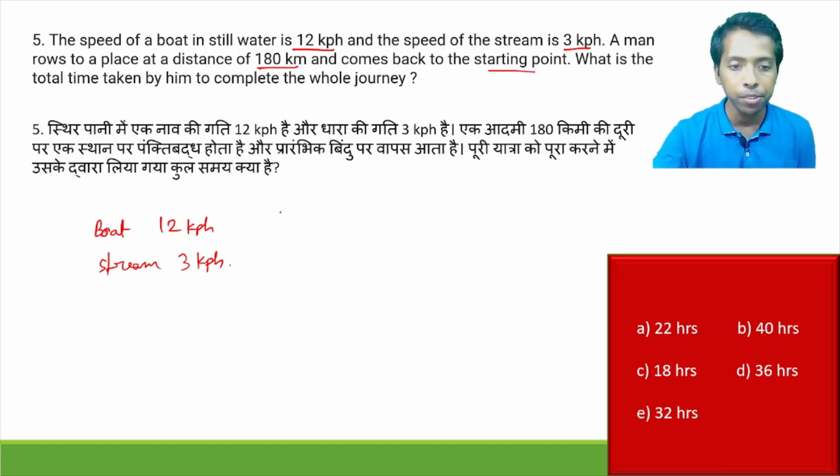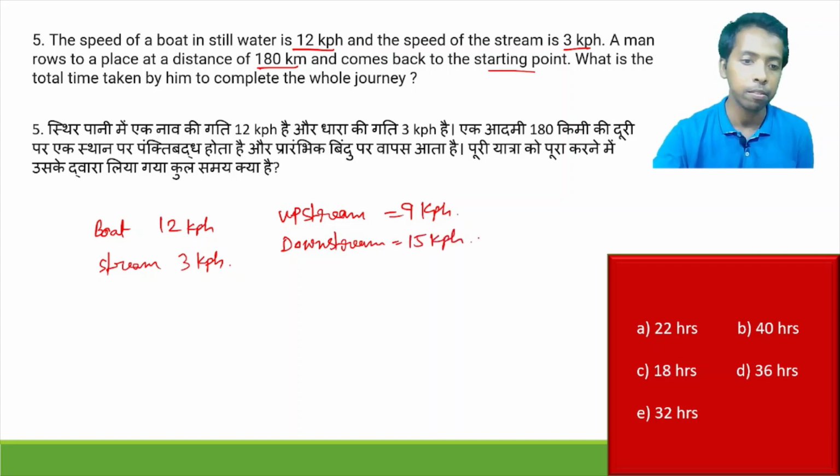So the upstream speed is 9 km per hour. Downstream speed, what is it? Tell me. This is 12 plus 3, 15 km per hour, right?